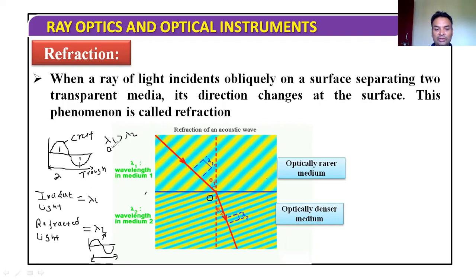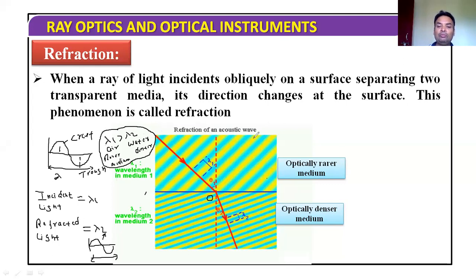Lambda 1 is in air, lambda 2 is in water. Air is a rarer medium, and water is a denser medium. So when the light enters into the denser medium, its wavelength decreases, due to the density of the material. It's the high density that will reduce the wavelength.